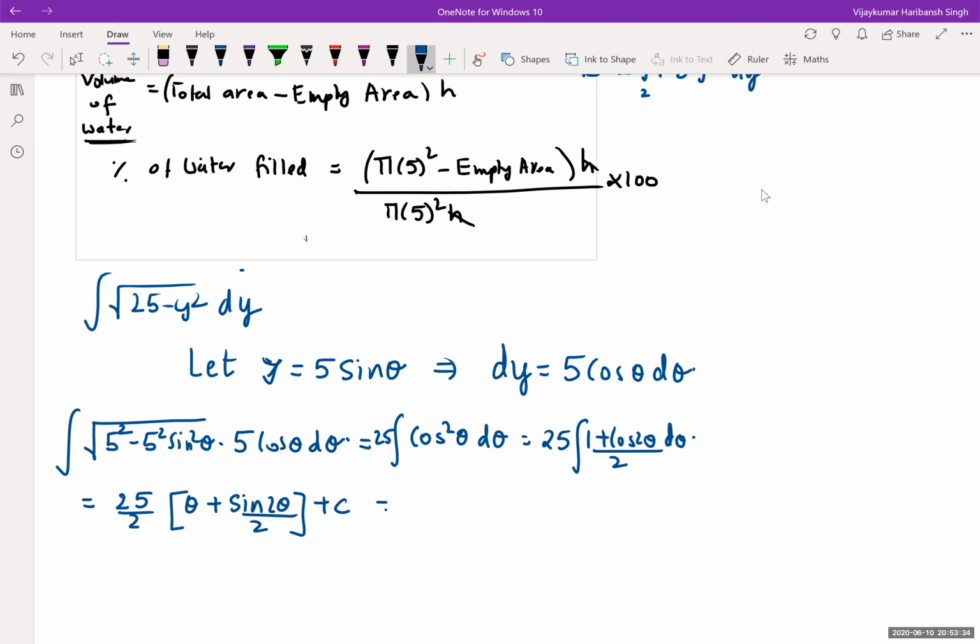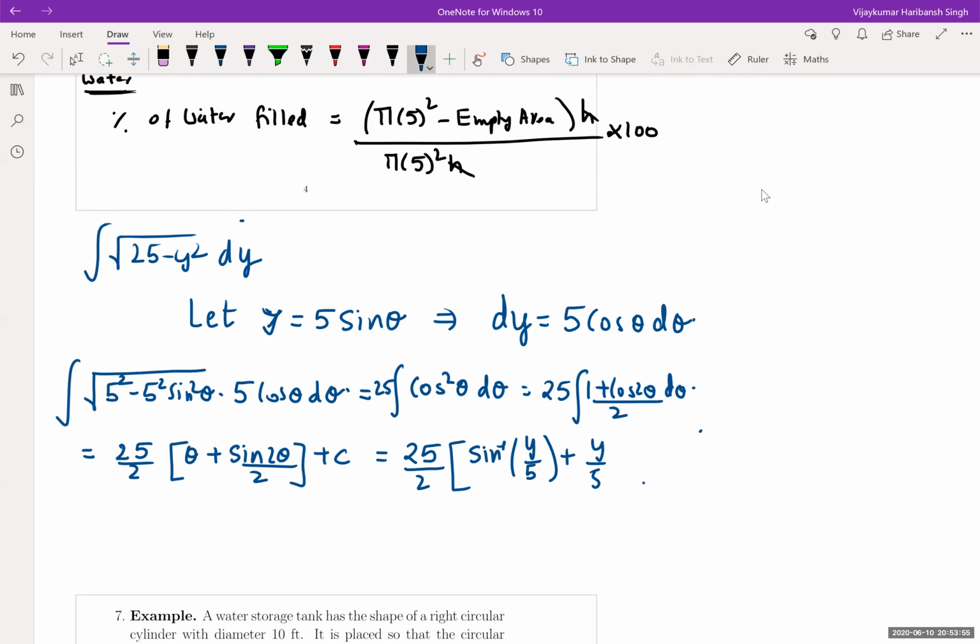Well, this is going to be 25 by 2 times theta plus sine theta cos theta. Theta is sine inverse of what? y over 5. And sine 2 theta can be broken as 2 sine theta cos theta. So sine theta is going to be y by 5. Now what is cos theta? For that we have to draw the triangle.